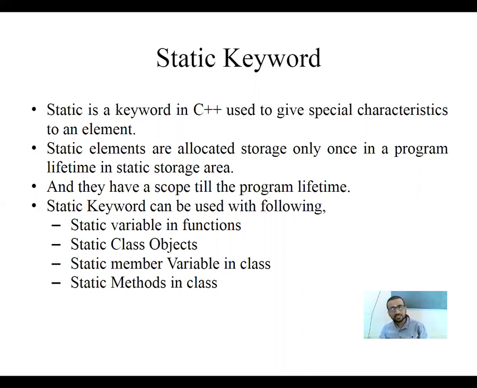So with the help of this static keyword, we provide some kind of special characteristics to an element. These static elements are going to allocate the storage only once in our program lifetime.